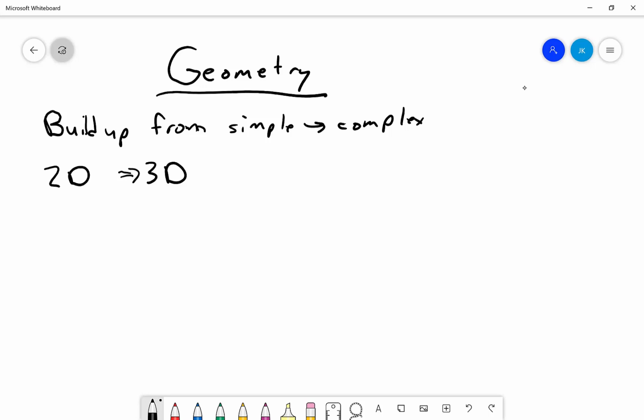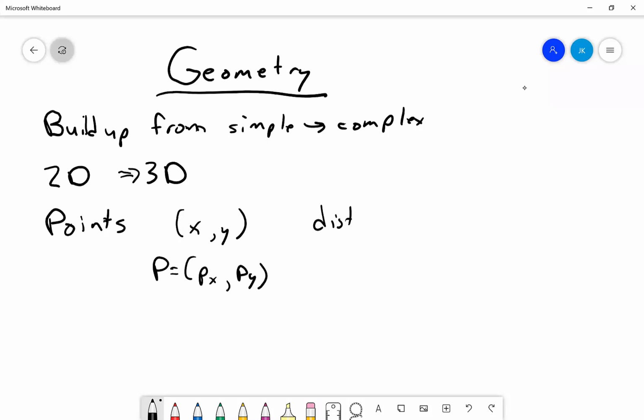Let's start with the simplest thing that we want to represent. Those are points. And you should all be familiar with how points get represented. You basically have an X value and a Y value. And you can calculate things such as the distance between points. So if I say that I've got a point P, I'll usually write it as Px, Py with subscripts.